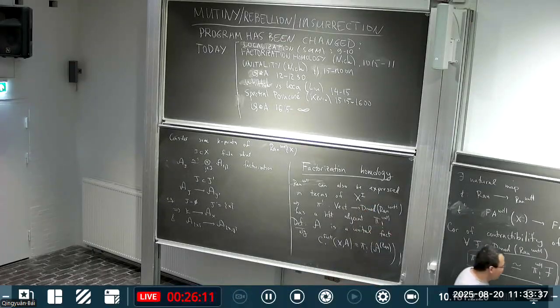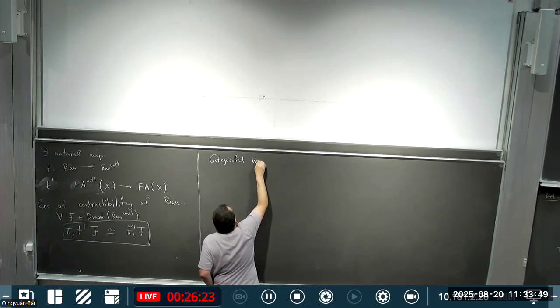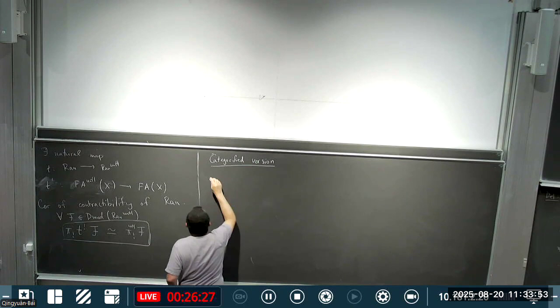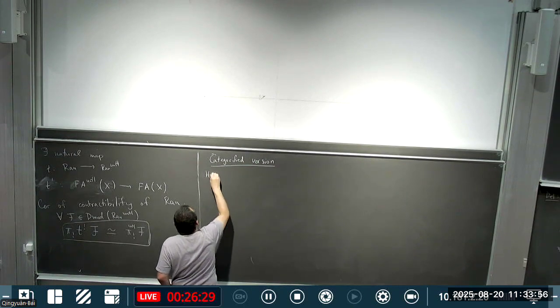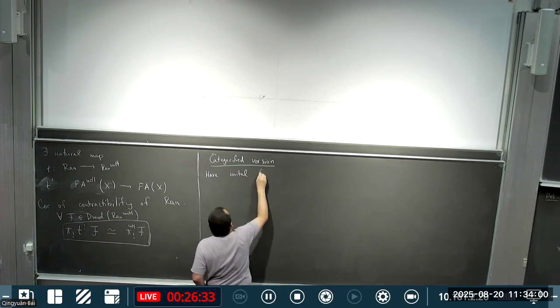I want to make sure that we have everything we need for the next talk. So, categorified version. We can have Unital factorization categories.